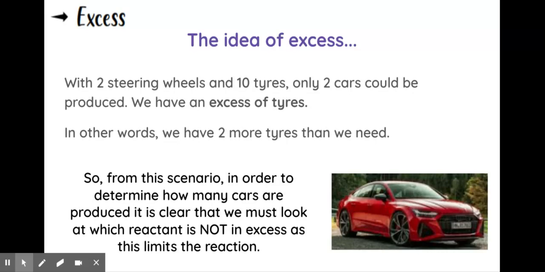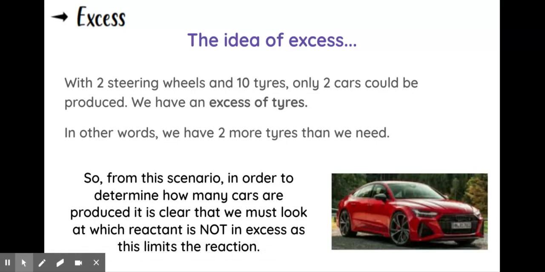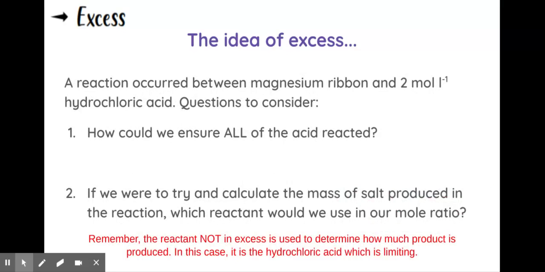So with only 2 steering wheels available, they pair up with 8 tyres to produce only 2 cars. The point of this is to realise that to determine how much product you're getting out of a reaction, and in this example that would be the number of cars produced, you must look at the reactant which is not in excess. This will hopefully make a wee bit more sense once we start practising examples.